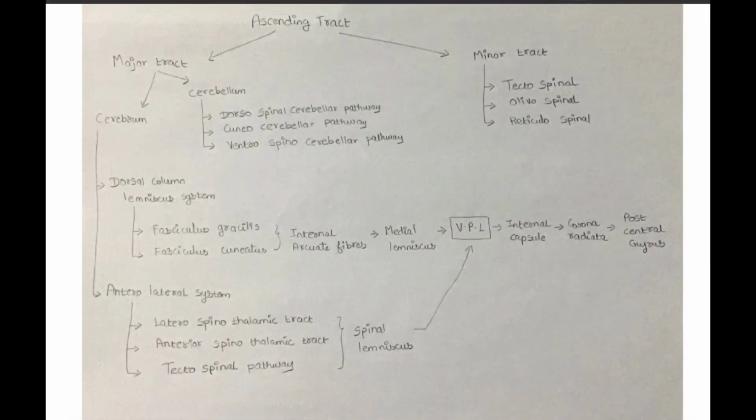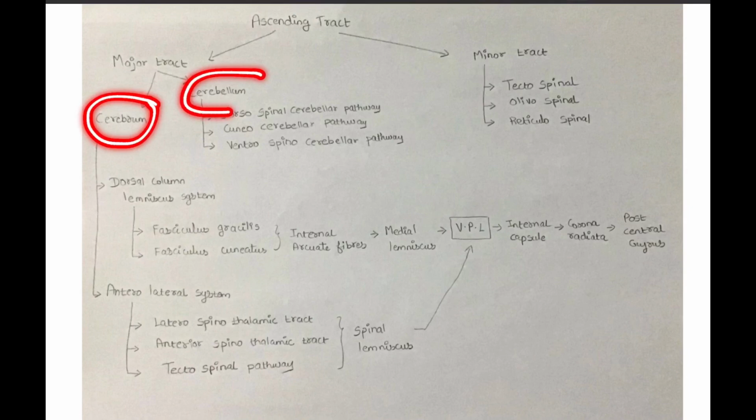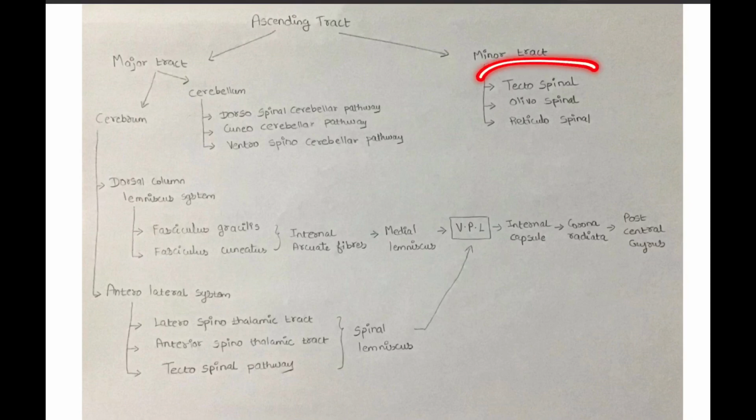So this is the summary of ascending tract. In ascending tract you have a major tract and a minor tract. In major tract you have a tract going to cerebrum and a tract going to cerebellum. And the minor tract consists of the minor pathways such as the spinotectal pathway, the spino-olivary pathway, and spinoreticular pathway.